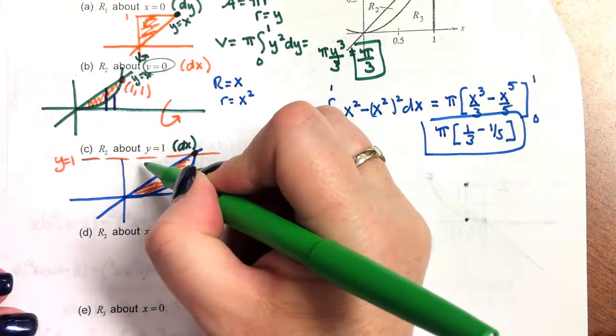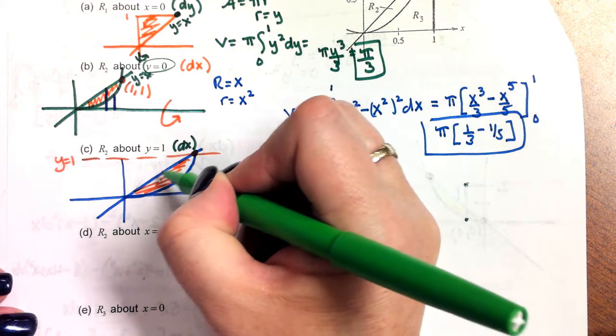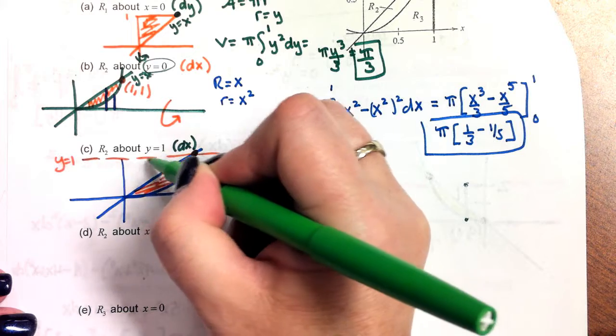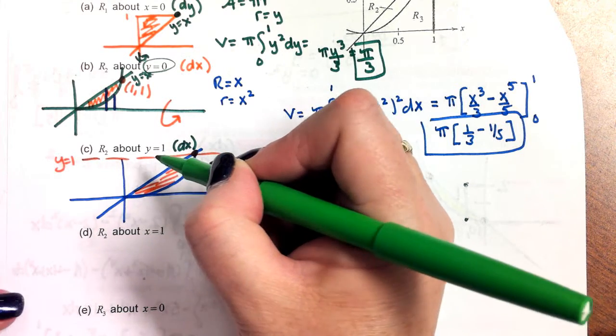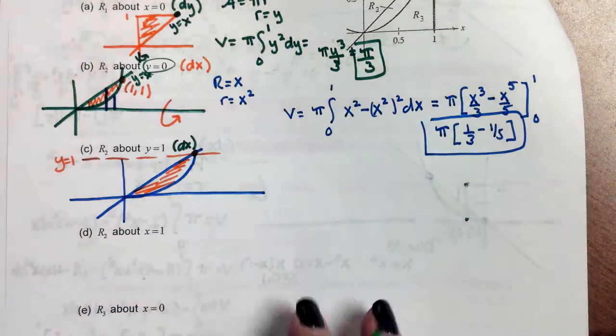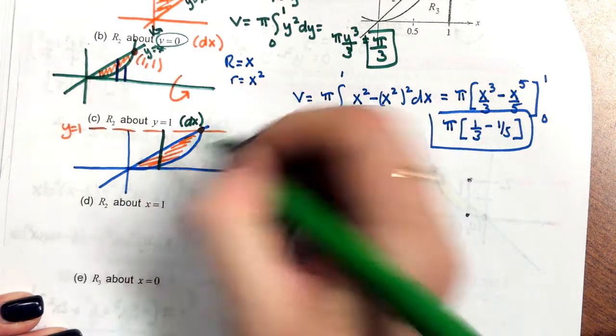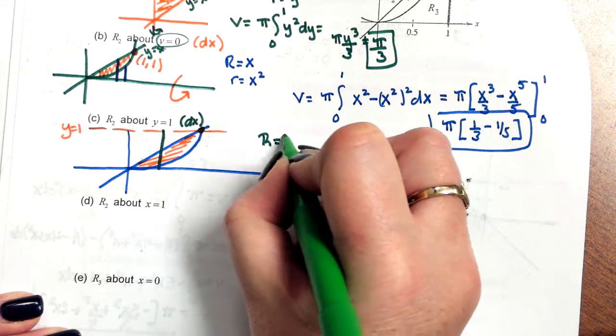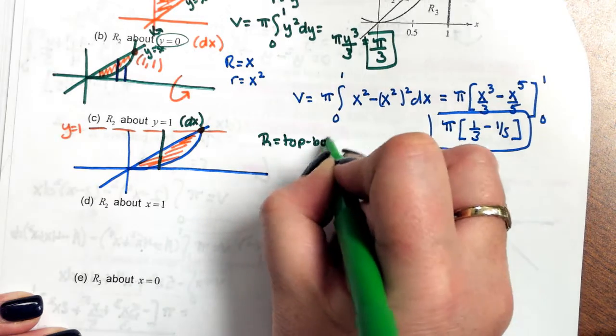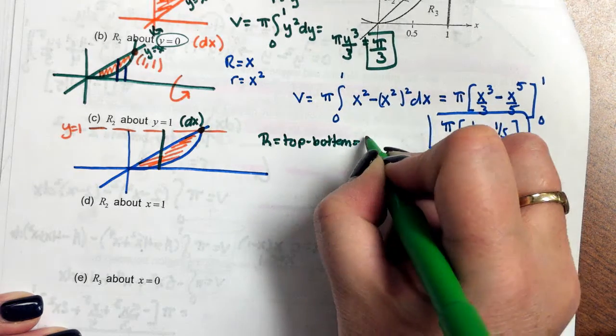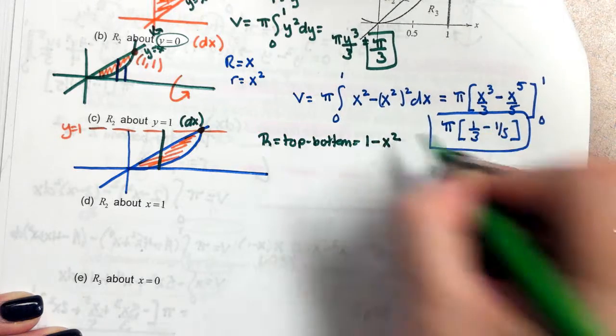But notice this is going to be a washer, because I have this gap between the region I'm rotating and your axis of revolution. So now again, for the outer radius you have to consider top minus bottom. That's going to be 1 minus x squared.